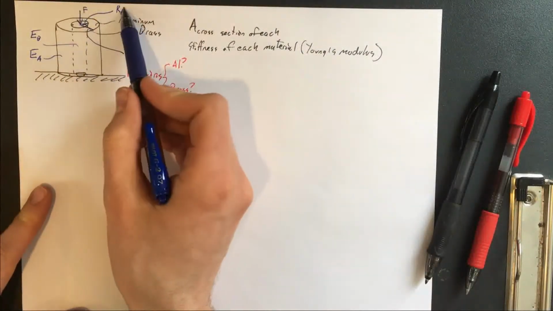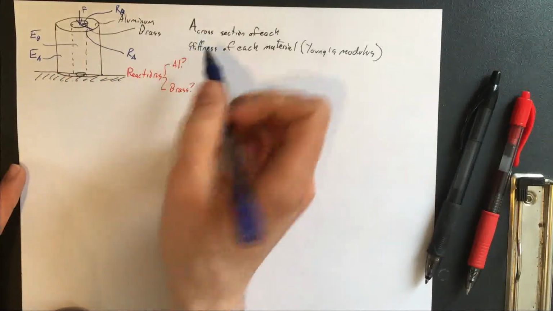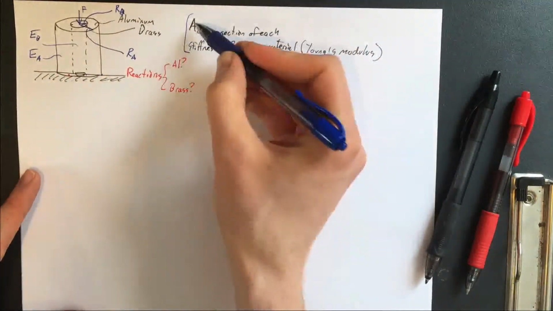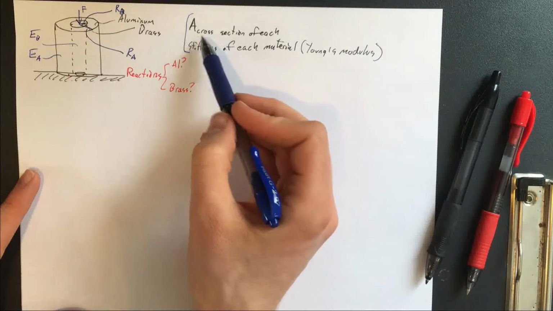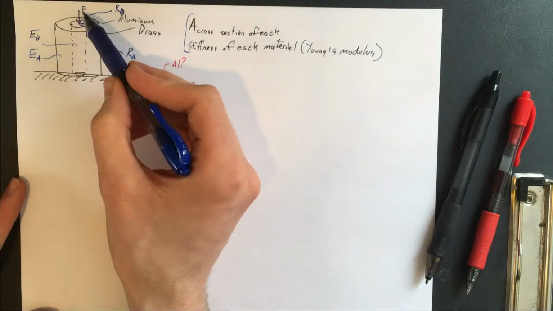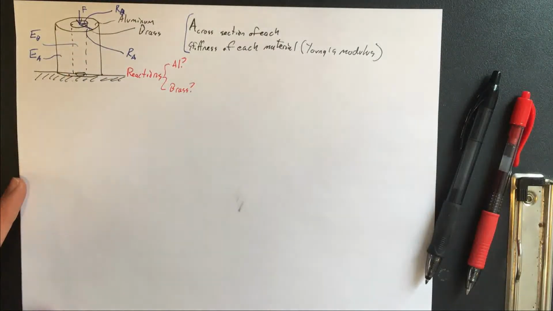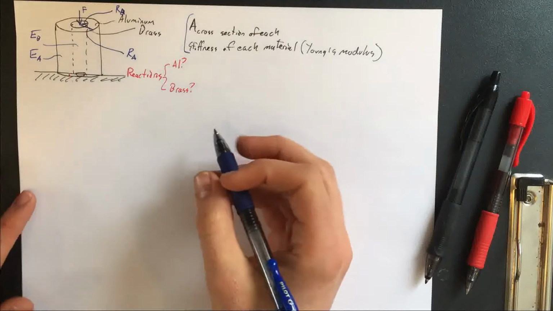So we're going to need to know the force, the radii, and the stiffnesses, in order to see how each of these factors affect how that force is divided and shared between the two parts of the material that are supporting that load.